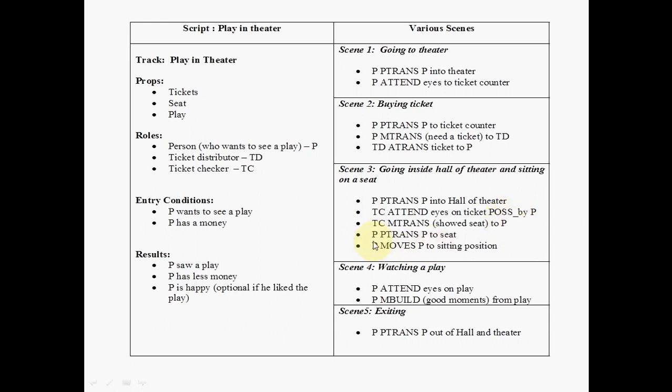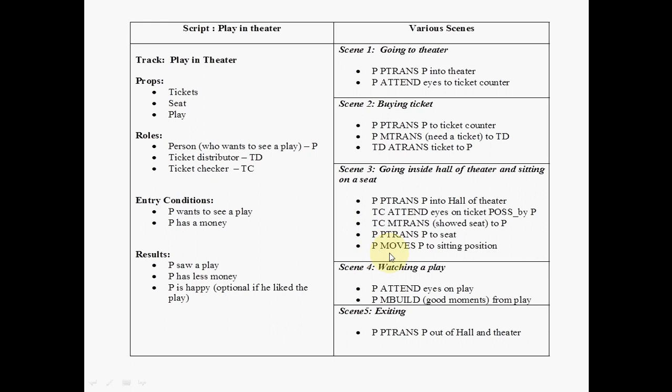Then once that is done, you, that is P, move yourself to the seat. P ptrans P to the seat. And once you go to the seat, you are now relaxing yourself, sitting in a good posture. To sit on a chair, you will have to move your legs, adjust your hands and all. So moving a body part is basically move.